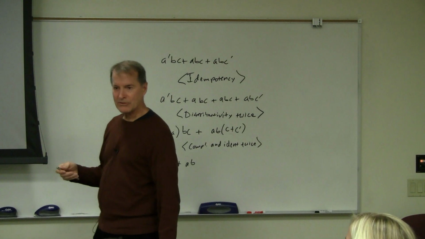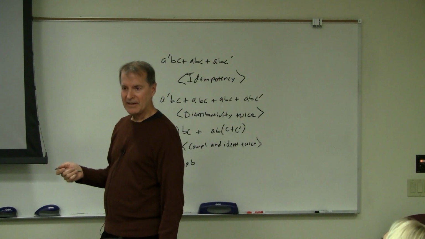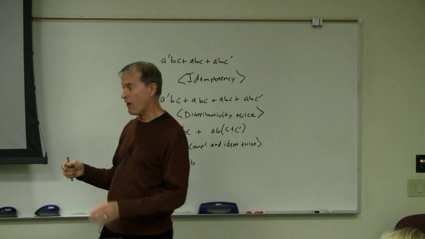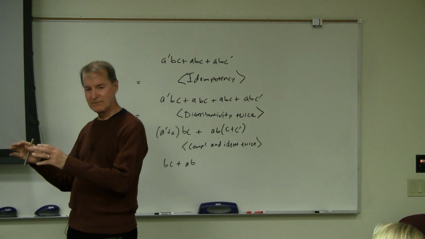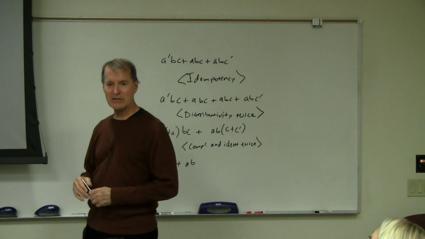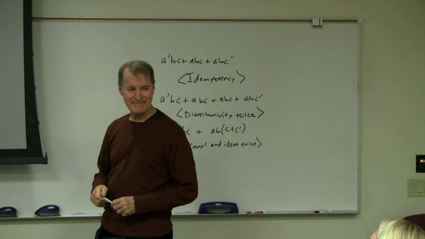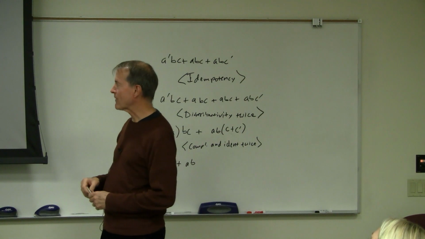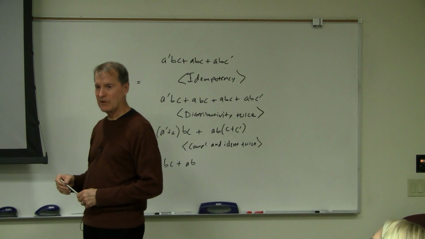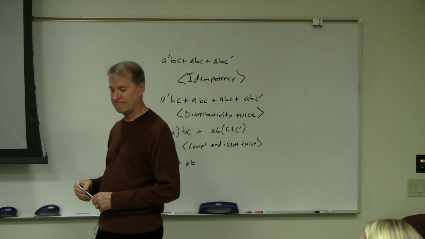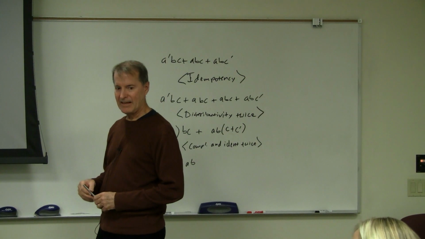Frequently, I'll give you a homework assignment, and instead of drawing the table, we're going to use the sigma notation. Now, think about the sigma notation. What is it? It's an OR.